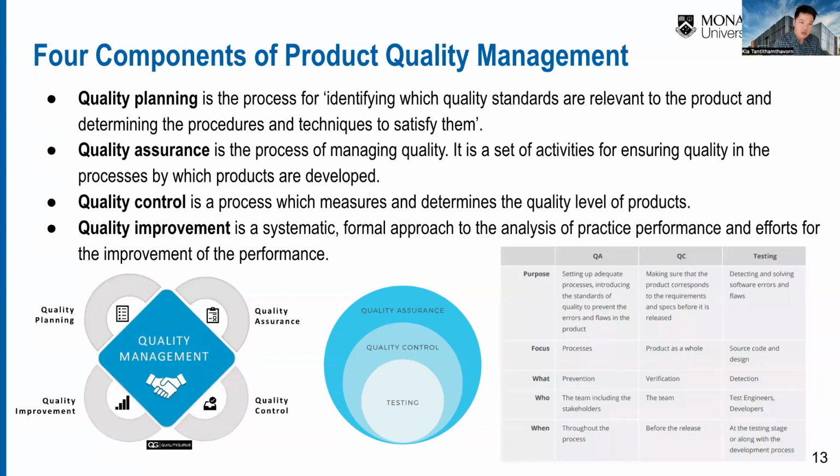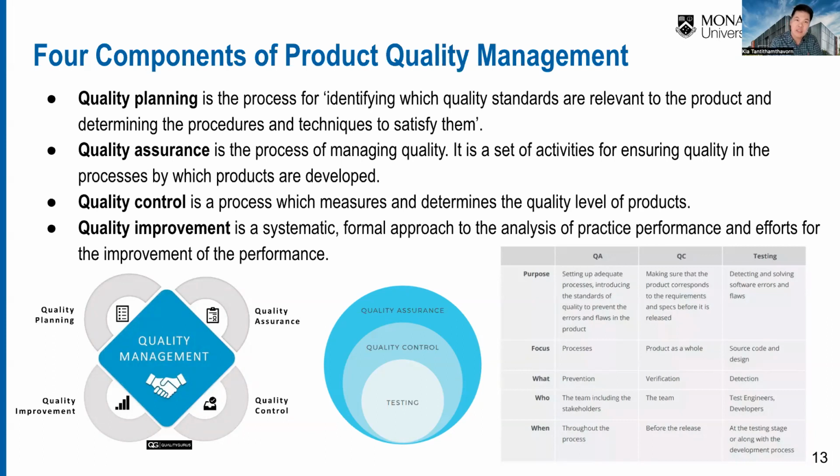This is mainly about the documentation process. And quality assurance is the process to manage the quality. There are lots of activities that we need to do, right? Control is the process to measure and determine the quality level of the products. And for quality improvement, once we do everything, by the end of the process, we can do a reflection about what went well in the past and what we can improve in the future to optimize the process as well, okay?